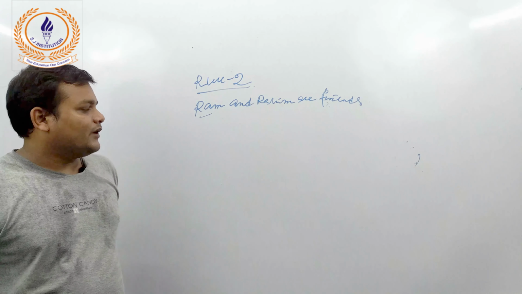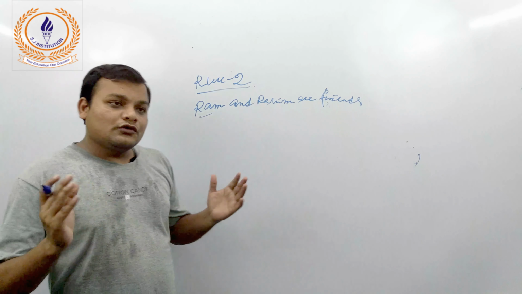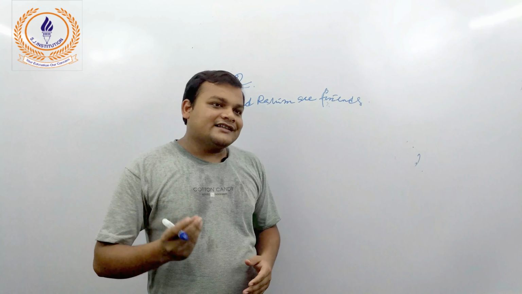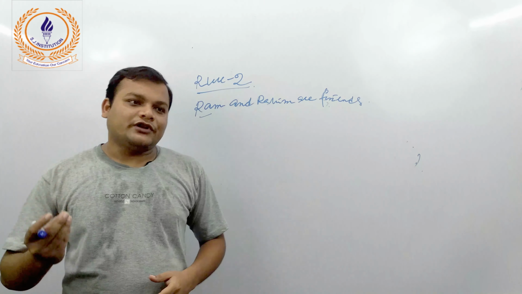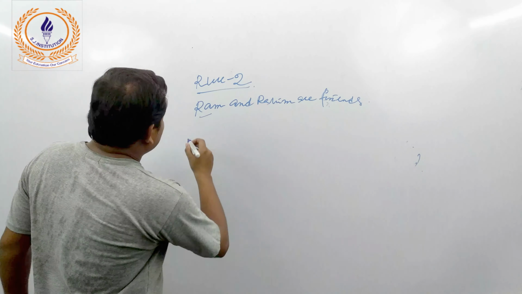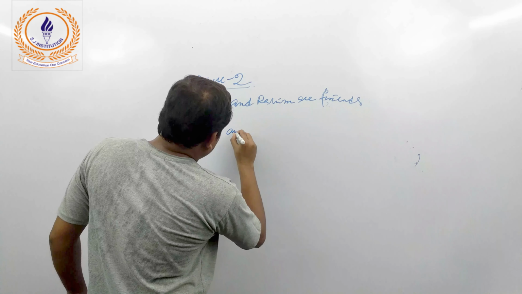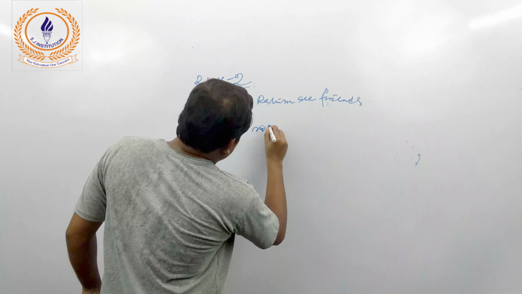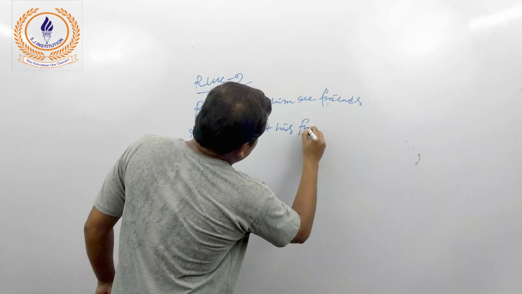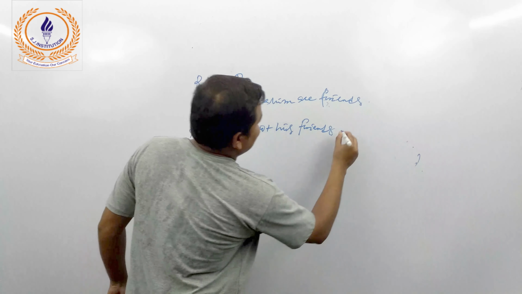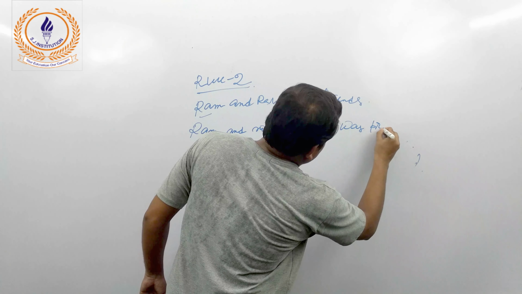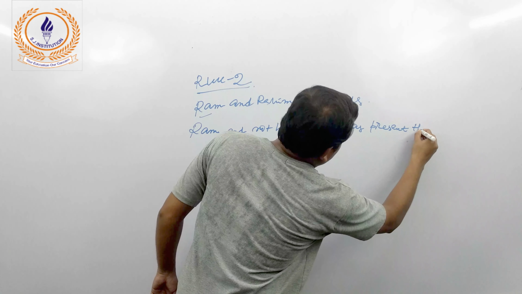Verb are. But if two nouns are connected by in addition to, together with, accompanied by, including, etc., the verb must be governed by the former subject. For example, Ram, and not his friends, was present there.